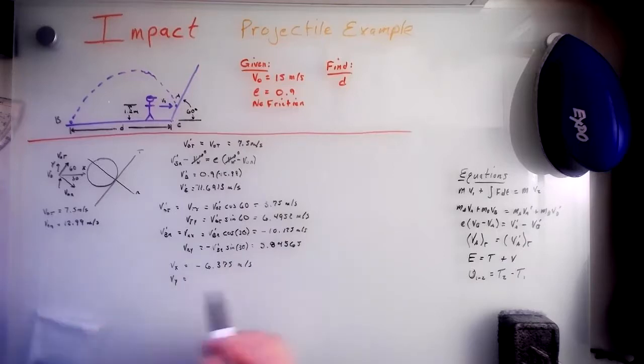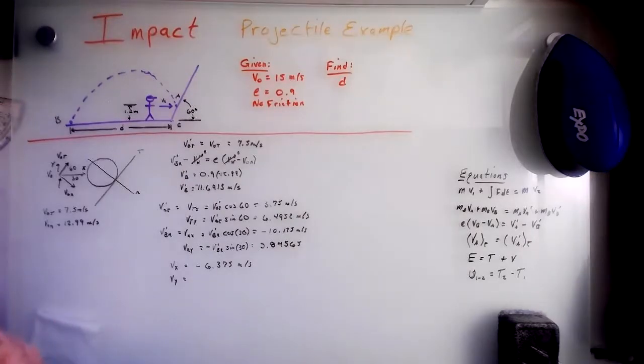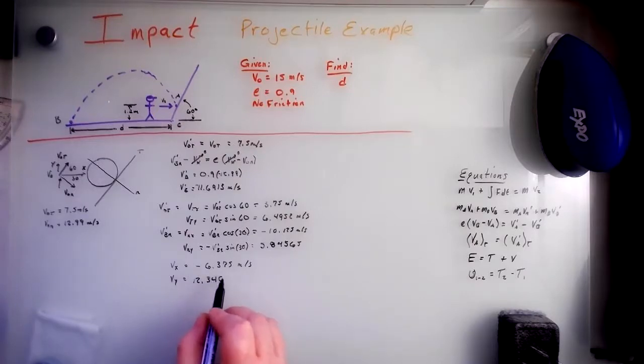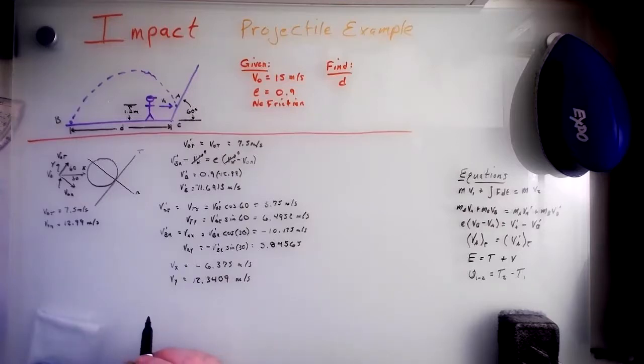In the y direction, we add them. So this is 6.4952 plus 5.84565, and so that gives us 12.3409 meters per second, right?